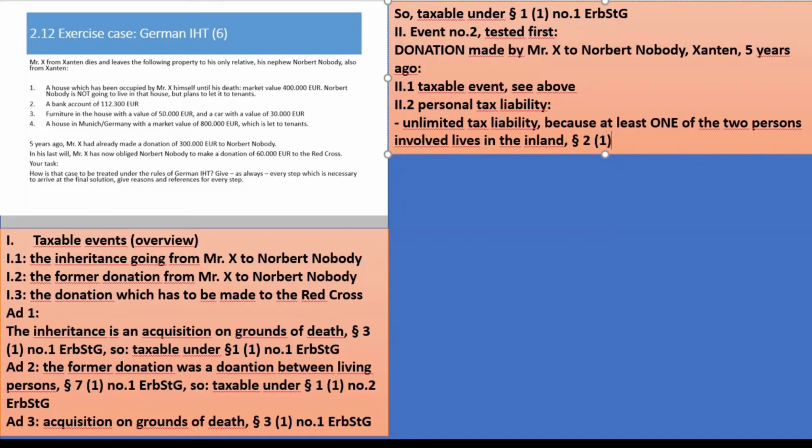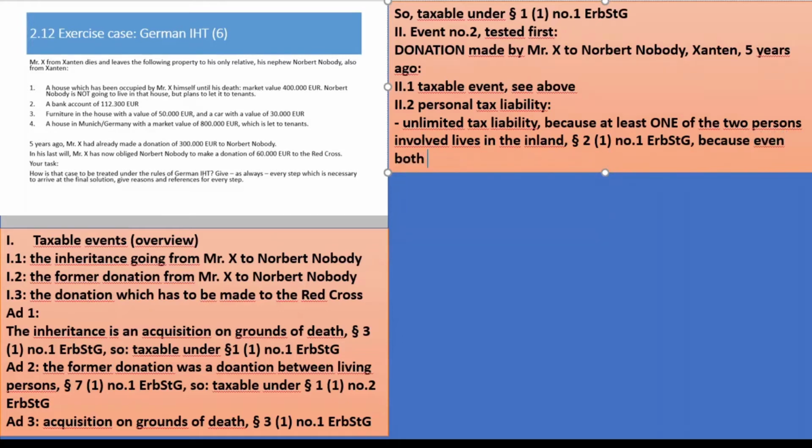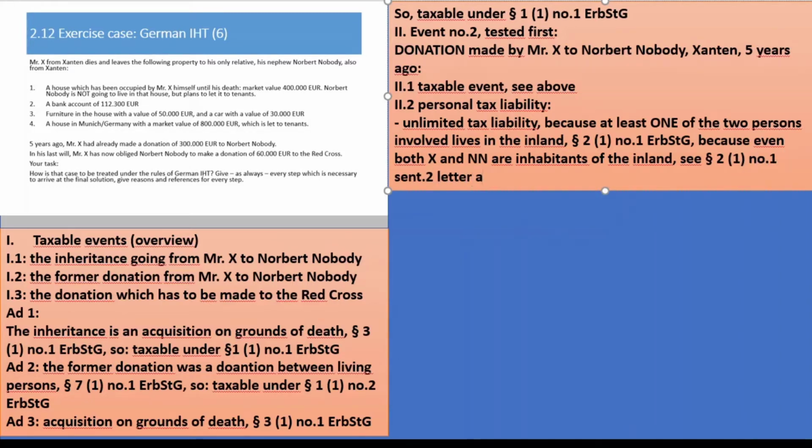So 2.1, number 1, because naturally both X and NN are inhabitants of the inland. See paragraph 2, 1, number 1, sentence 2, letter A of the German Inheritance Tax Act.